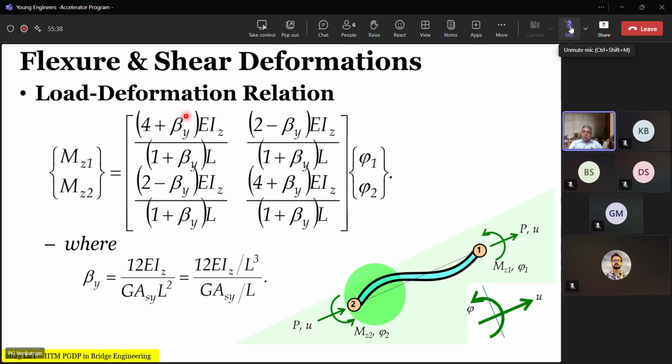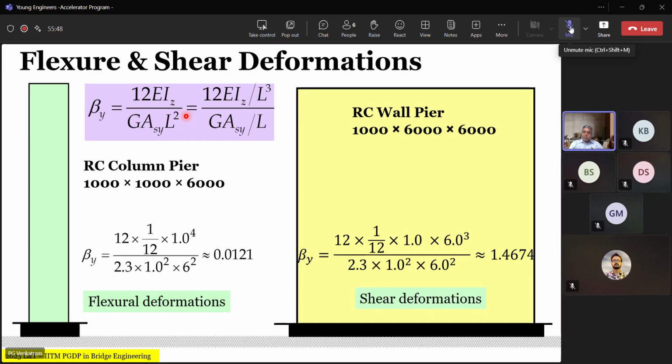But when you want the shear deformation to be small, to understand the impact of it, imagine that you have two columns, 1 meter by 1 meter, 6 meter long column, and 1 meter by 6 meter, 6 meter column.